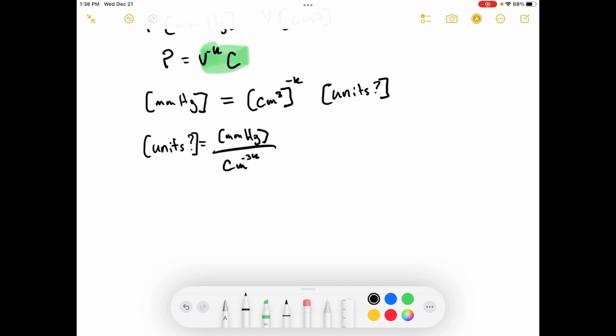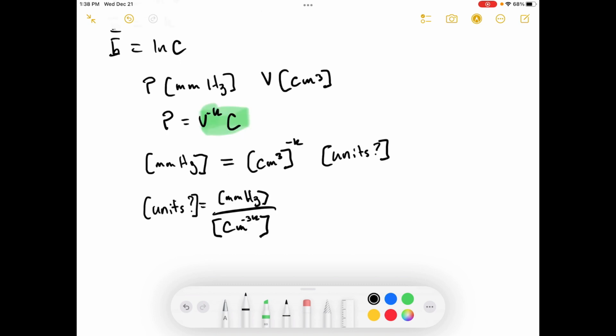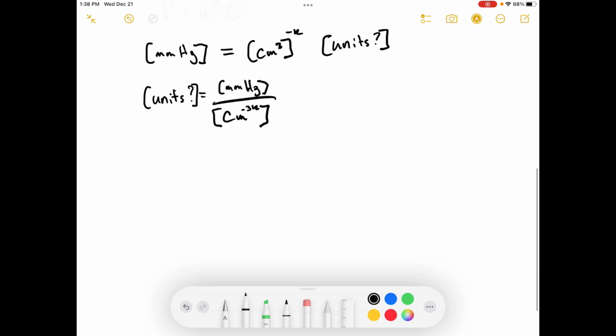A little odd units, but you get weird units when you're doing empirical relationships. Okay, so we have solved the problem.